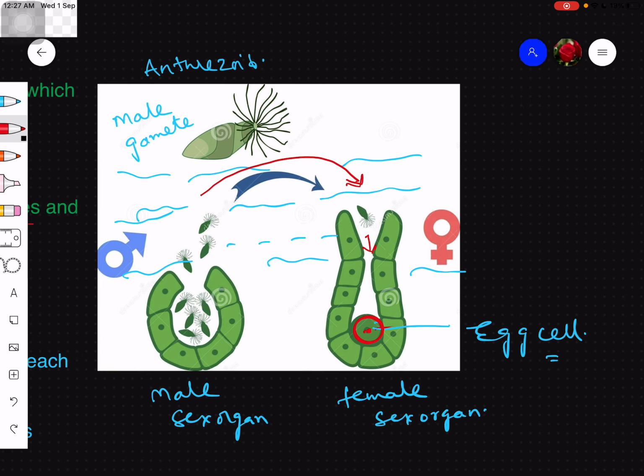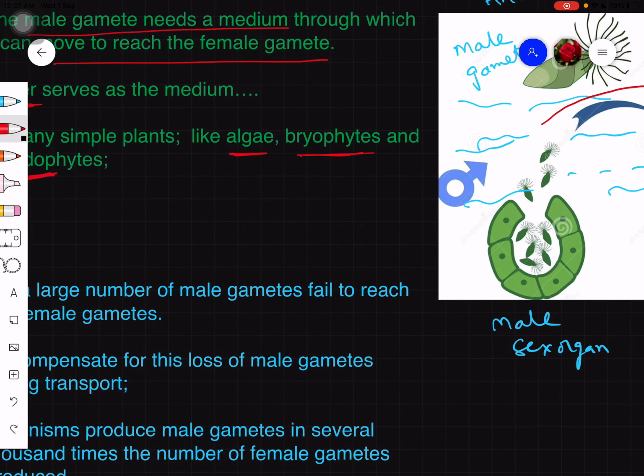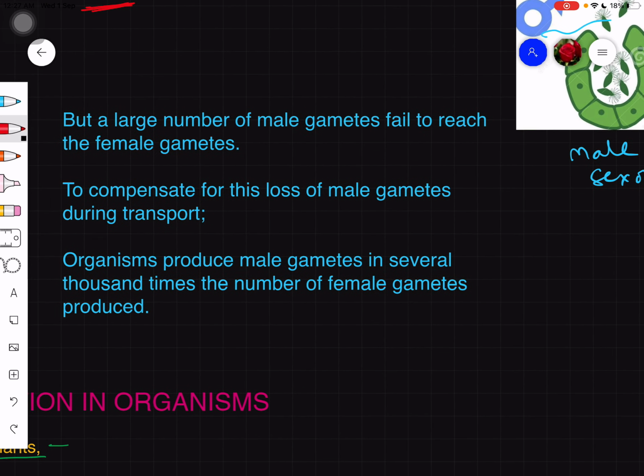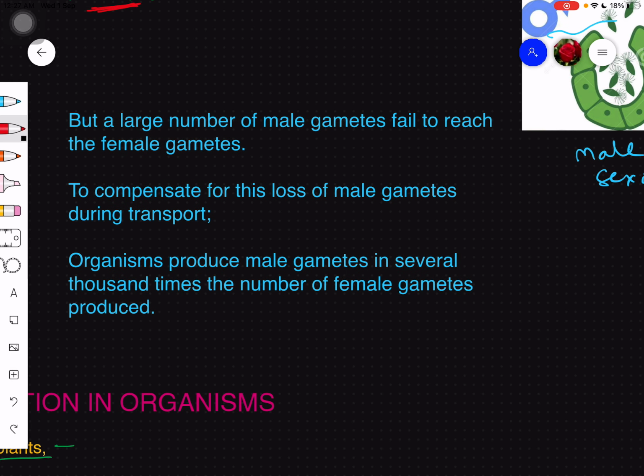So water is the medium here. What is the guarantee that every time all the male gametes will definitely reach the female gametes? There is no guarantee. A very large number of male gametes fail to reach the female gametes. In order to compensate for this loss during transportation, these organisms produce more male gametes compared to female gametes.